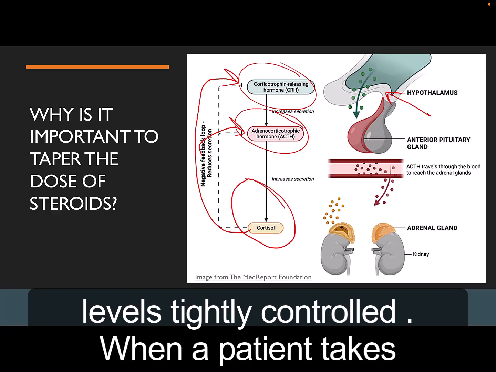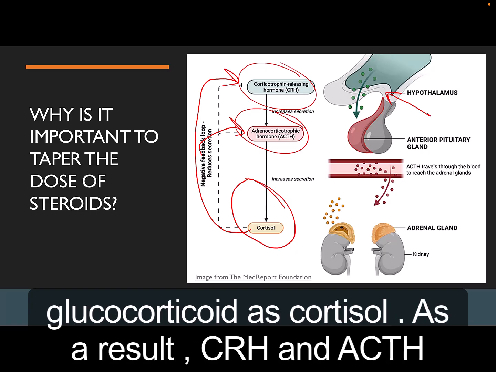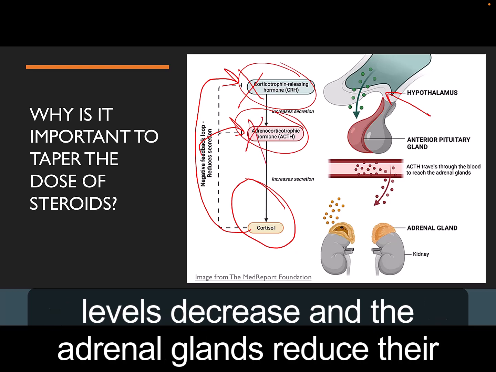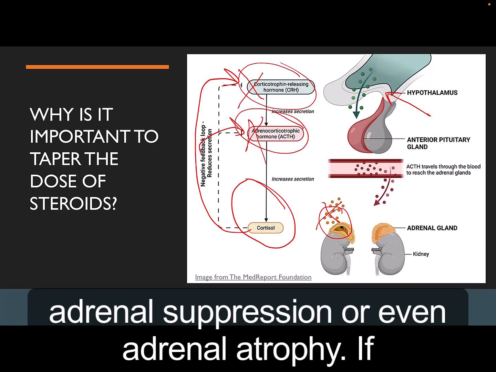When a patient takes prednisone, the body interprets this exogenous glucocorticoid as cortisol. As a result, CRH and ACTH levels decrease, and the adrenal glands reduce their own cortisol production. Over time, this can lead to adrenal suppression or even adrenal atrophy.